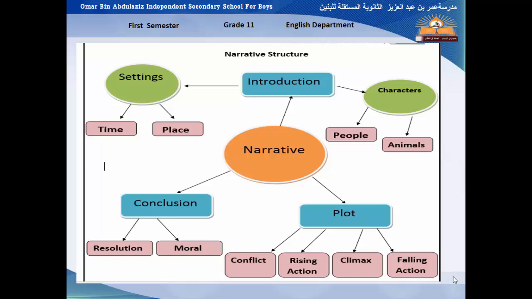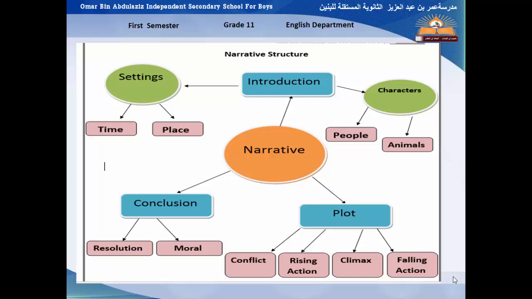The plot is a group of actions that make up the story. This group of actions will be divided: some will be the conflict, some the rising actions, some the climax, and some the falling actions.